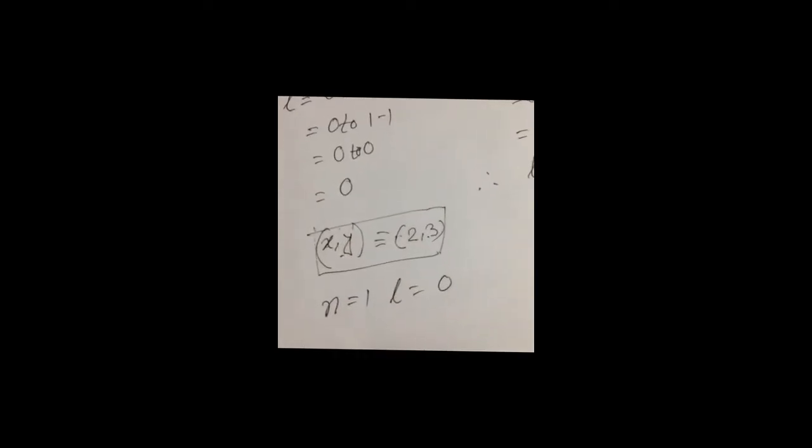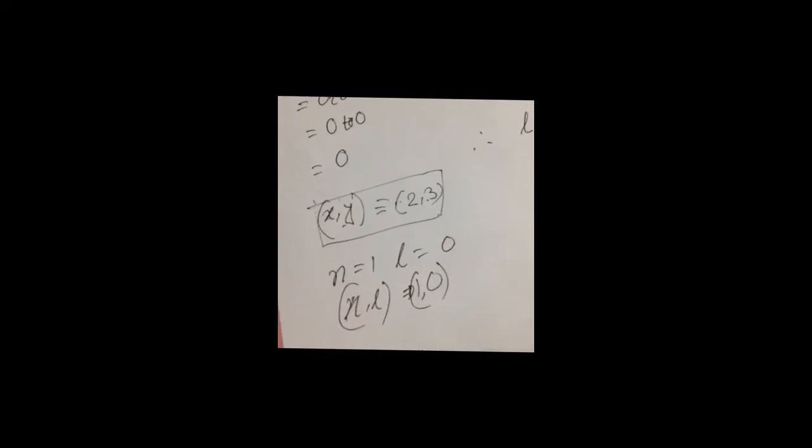Now, similarly, for the m value, the magnetic quantum number, we always obtain the value from the set of n and l. If we look at n equal to 1, then l equals 0, so only one set is possible, 1 and 0.